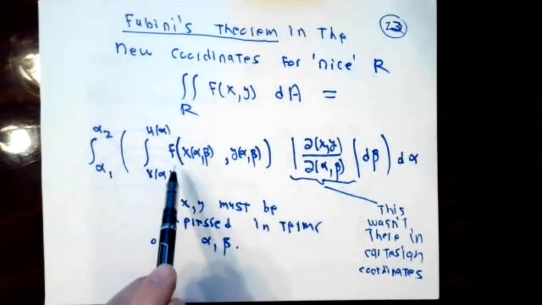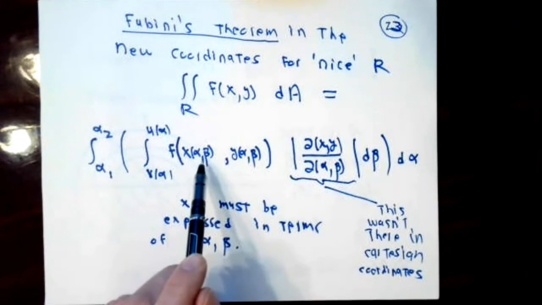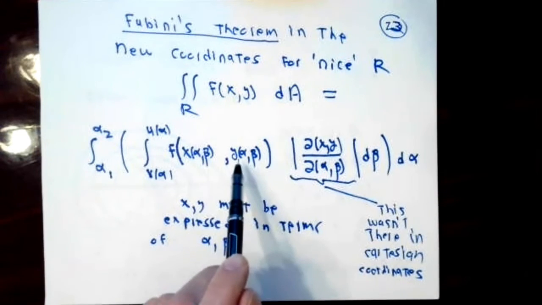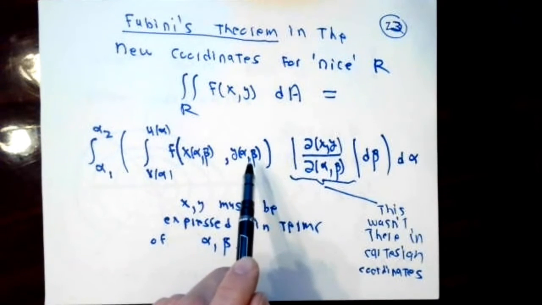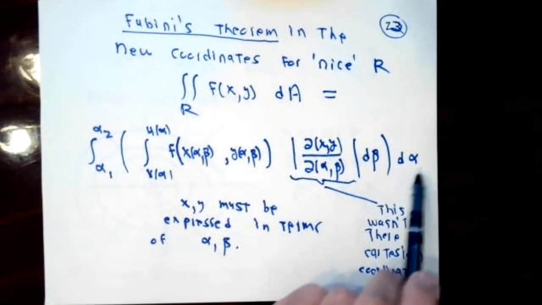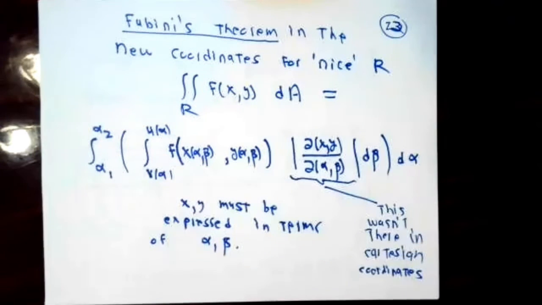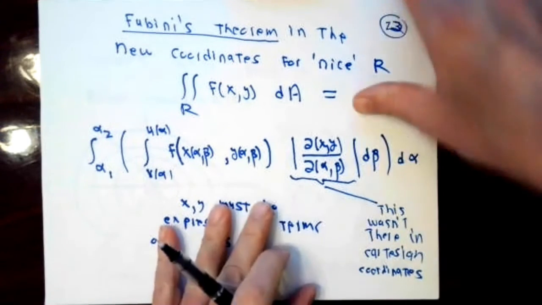So if I want to be careful about this, I'll write f of x of alpha and beta, comma, y of alpha and beta. Delta alpha delta beta can't be the area, so I have to include that ugly factor. That wasn't there in the Cartesian case, but it will be there in all other coordinate systems.